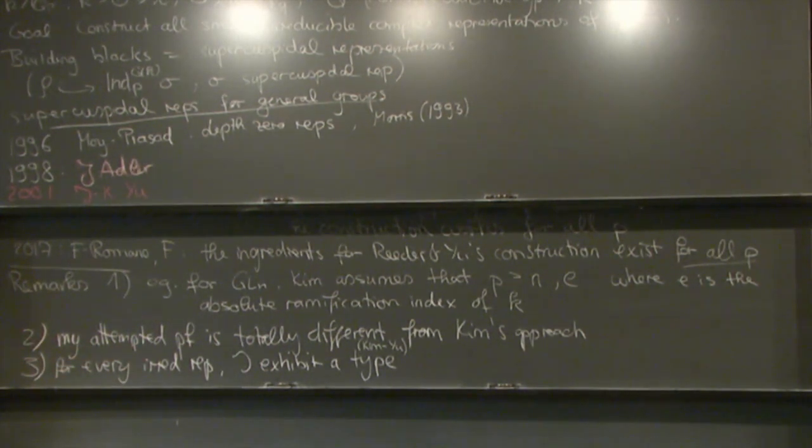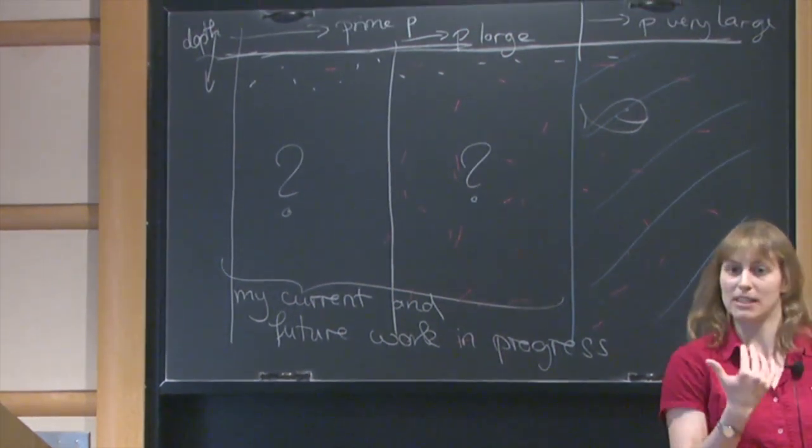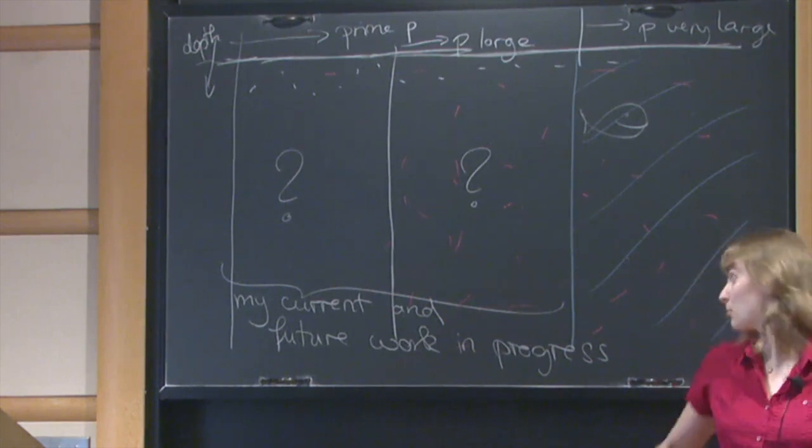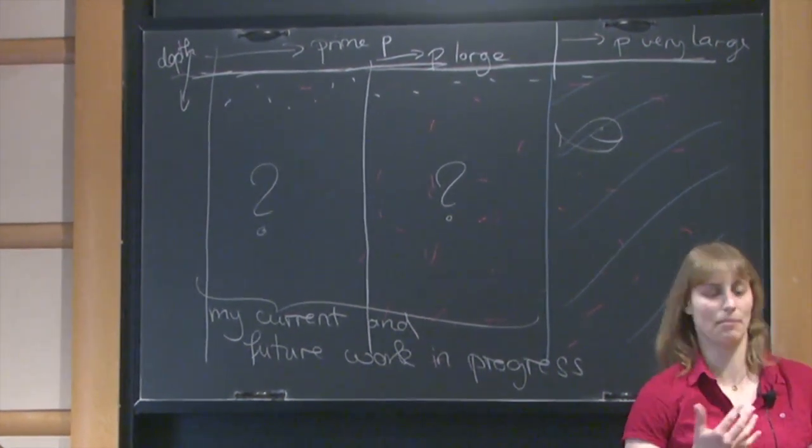If you give a representation to Moy and Prasad, they tell you the depth of the representation, where the fish swims, and they also tell you that at the depth that they determine, there is some nice subrepresentation. It's a character such that this representation restricted to this subgroup of a certain depth contains this character.